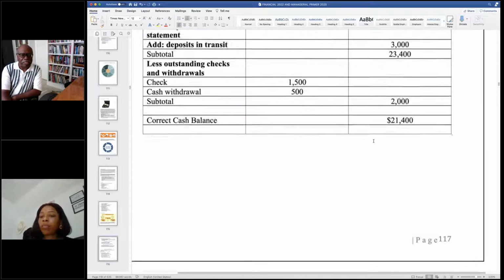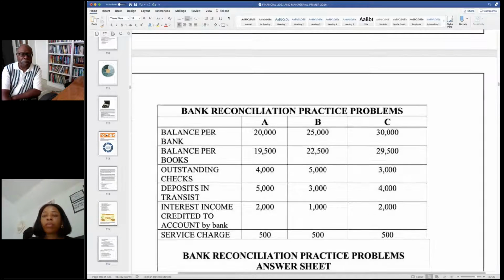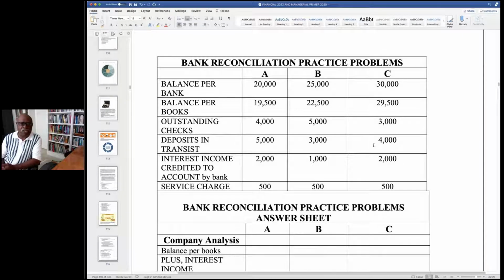Okay, so let's see what a student should be able to do on bank reconciliations. Here you have the balance per bank, the balance per book, outstanding checks, deposits in transit, interest credited by the bank, and service charge.